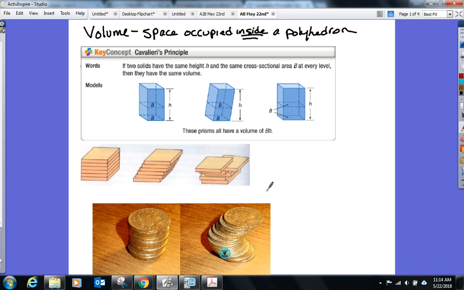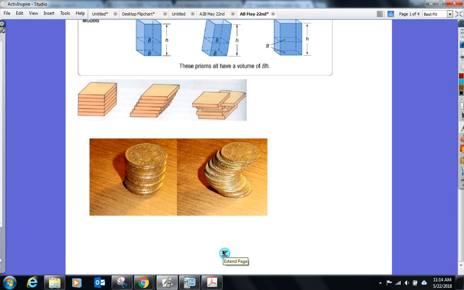And if I took a cross section and found the area of that cross section, it's always going to be the same. So the volumes of all three, believe it or not, are all the same. Classic example: coins. These two sets of coins have the same volume because their heights don't change, and if I took a cross section, that area would be the same.